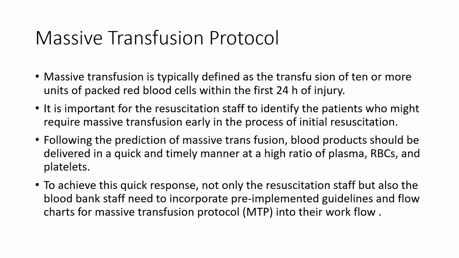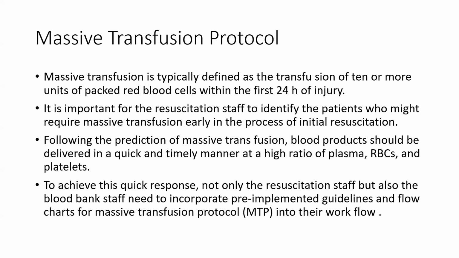Now about massive transfusion protocol. Massive transfusion is typically defined as transfusion of 10 or more units of packed red blood cells within the first 24 hours of injury. It is important for resuscitation staff to identify patients who might require massive transfusion early in the process of initial resuscitation.